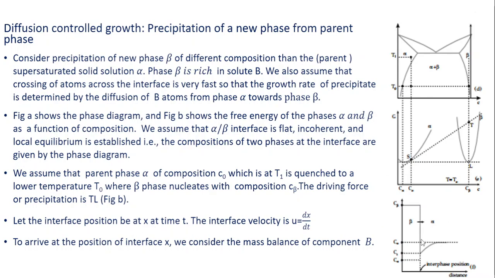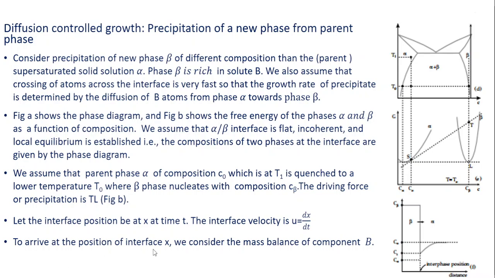So this is what is shown here. The interface velocity is u equal to dx/dt. How fast the interface is moving determines how the amount of beta phase increases as the interface moves. The beta particle grows, and then alpha shrinks.